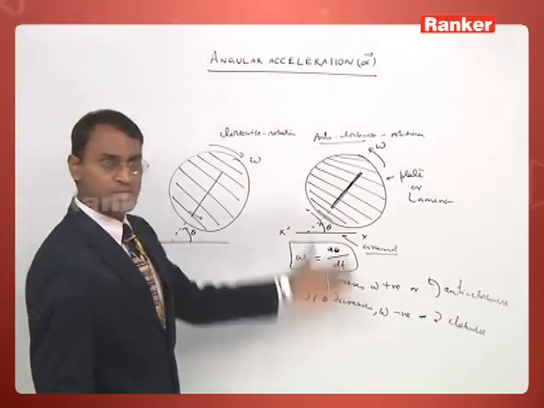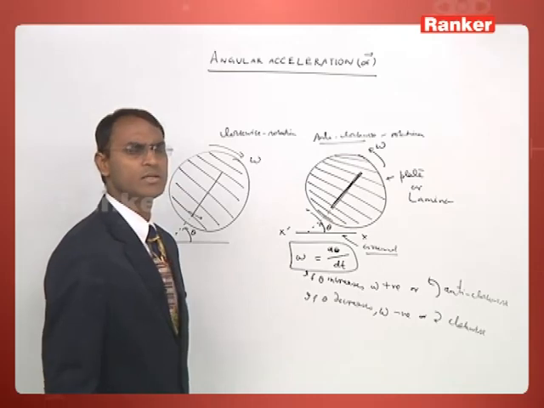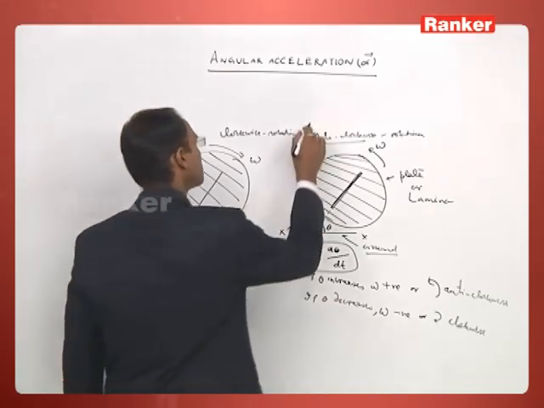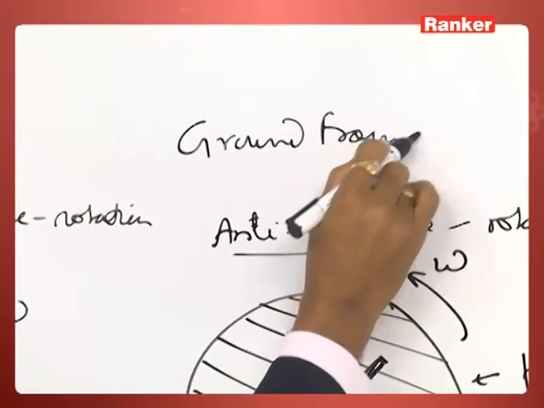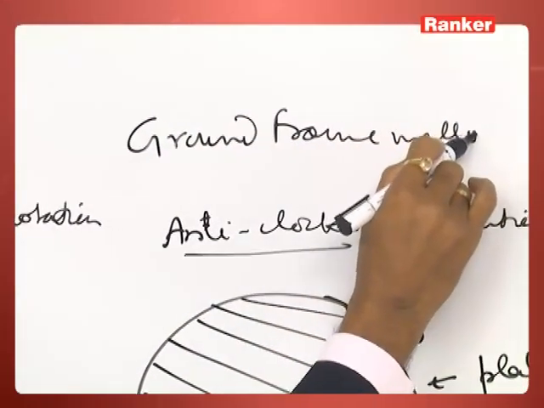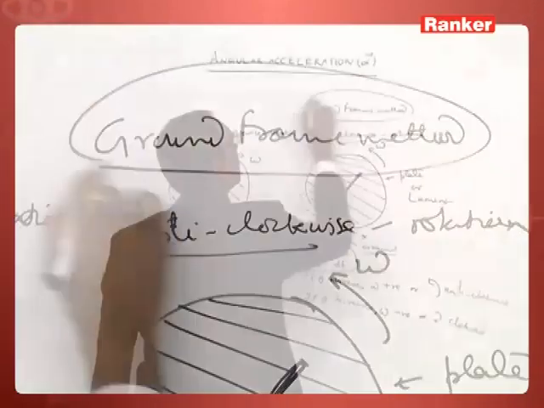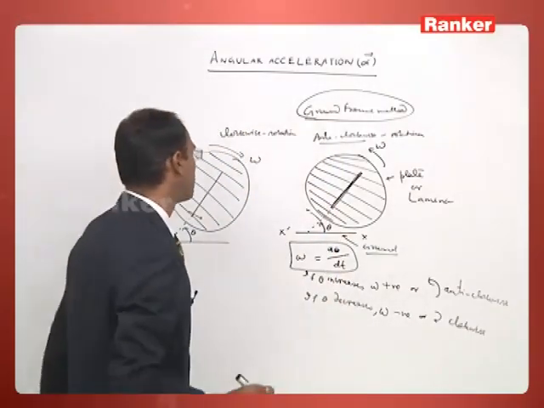Therefore, this measurement of angular velocity is called the ground frame method. That is what we discussed in the last class.